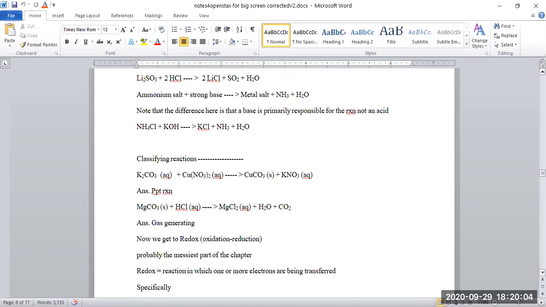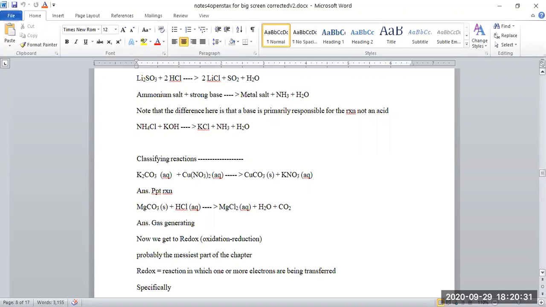If I'm looking over then to my product side, I've got copper carbonate, copper(II) carbonate, that's a solid, and some potassium nitrate that's aqueous. One of the big tip-offs here is that everything but one molecule is aqueous, and that solid is on the product side. So those are key pieces.